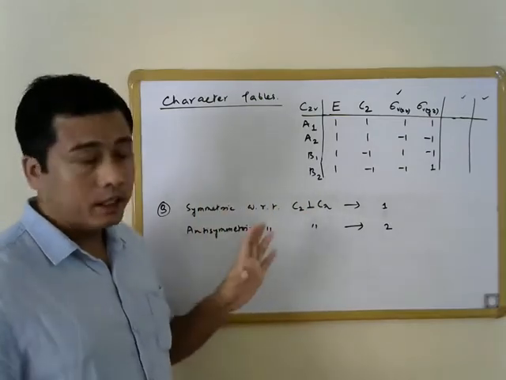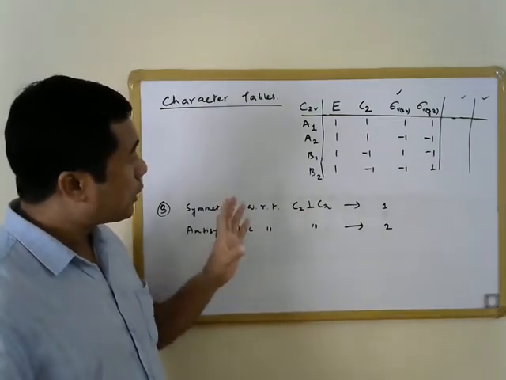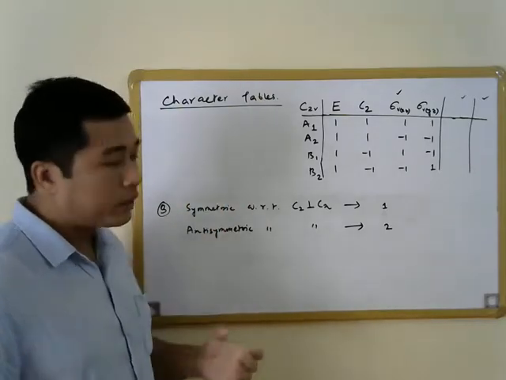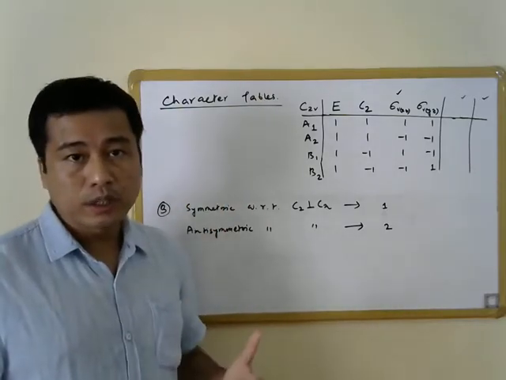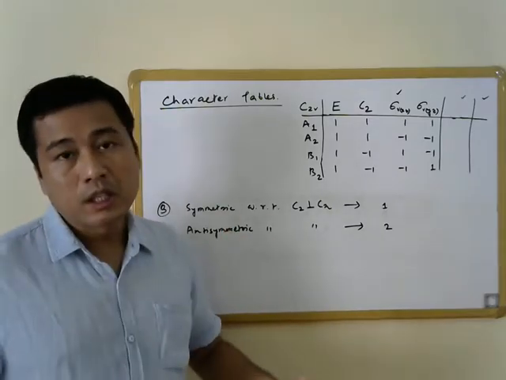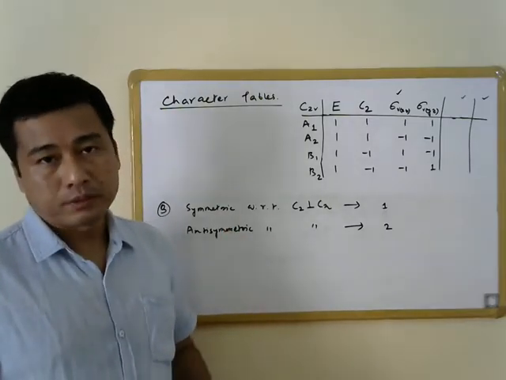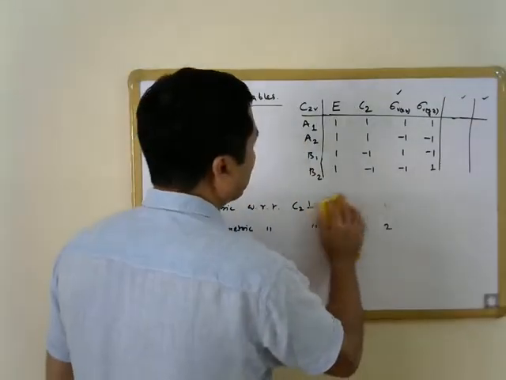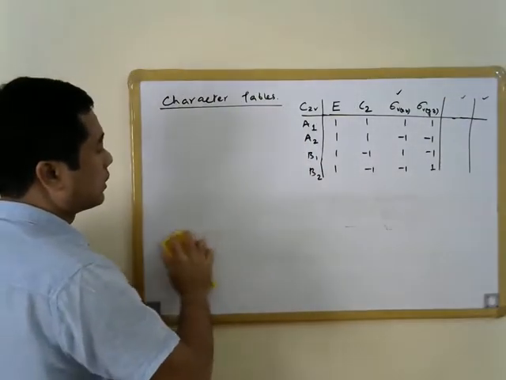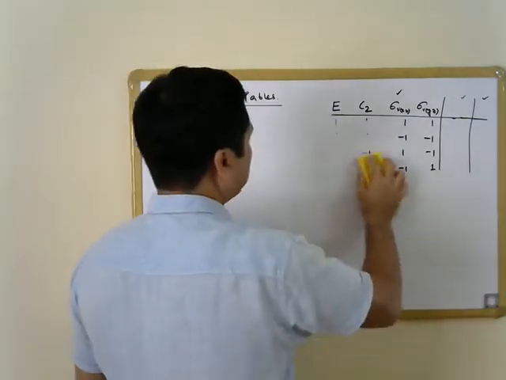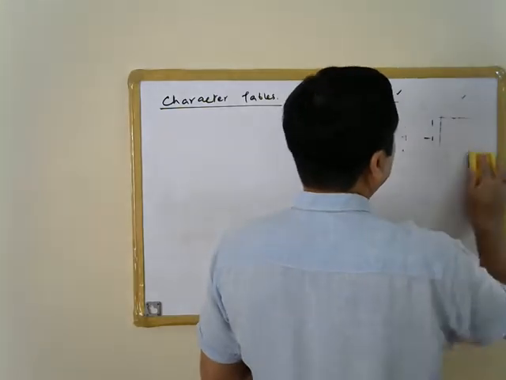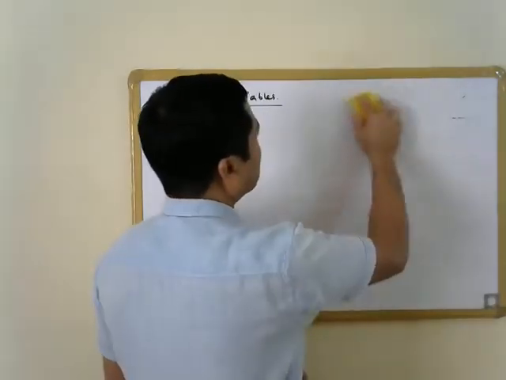But before that, let us learn more about these Mulliken symbols, because these rules are not enough to denote each of the irreducible representations in character tables where there are more irreducible representations. And then we again run into conflicts or duplicate symbols in those character tables. So for that purpose, a couple more rules are required to distinguish between irreducible representations.